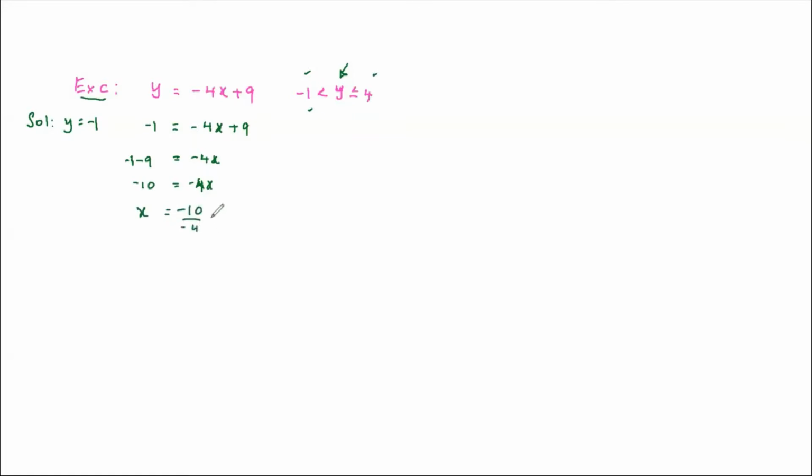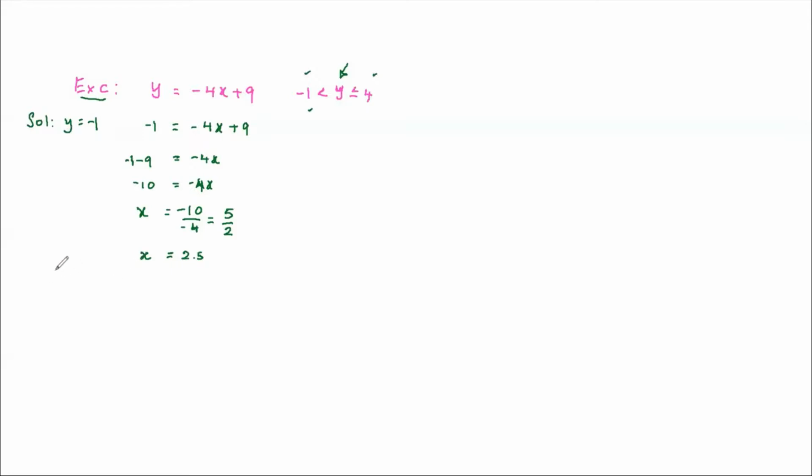The negative becomes positive, so simplified it is 5/2. So x equals 5/2, that means x is 2.5, and y equals -1.